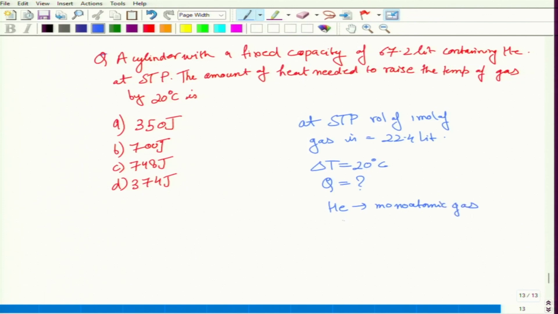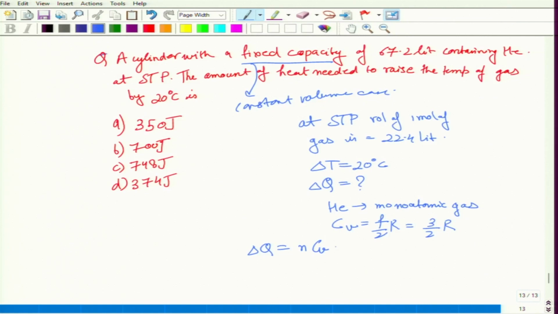Because it is happening at fixed capacity, that is the constant volume case, we need Cv, that is F by 2 R, and for monoatomic gas it is 3 by 2 R. So Q is n Cv delta T, so we need to find the moles.